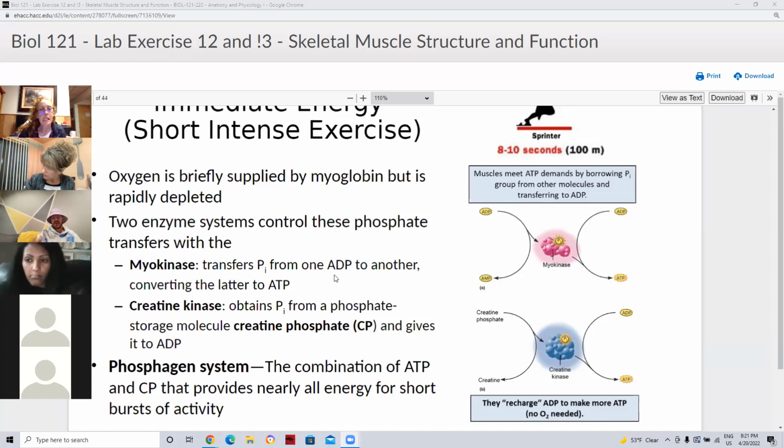Triphosphate? Yeah, that's 2. That's 3. Oh yeah, you're right. So myokinase is going to take 1 phosphate group from one ADP and add it to another ADP, making an ATP. That's one way that we can make more ATP once oxygen gets depleted.